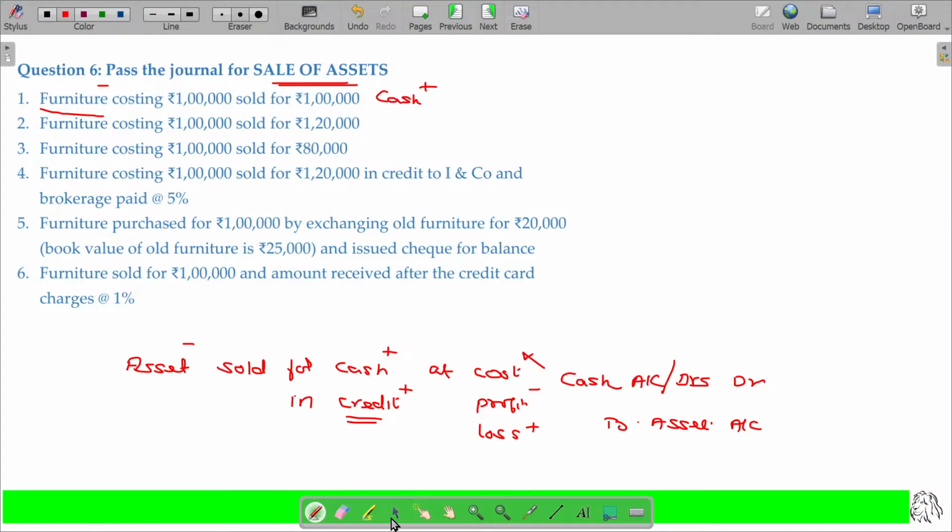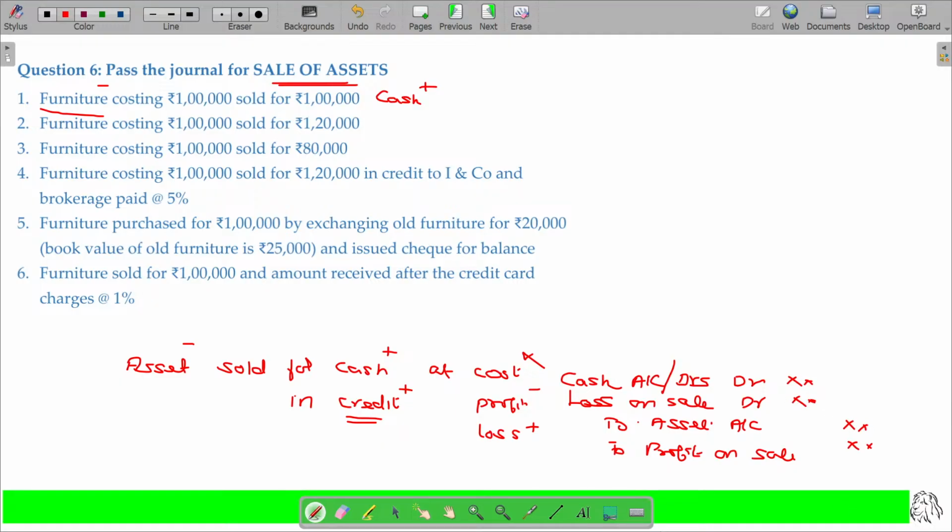Is that okay? So in case we earn profit, that profit is credited here to profit on sale. Profit on sale. If I sell at lesser than its value, then it's a loss. Loss on sale. Is that clear? Hope now you'll be able to understand this.